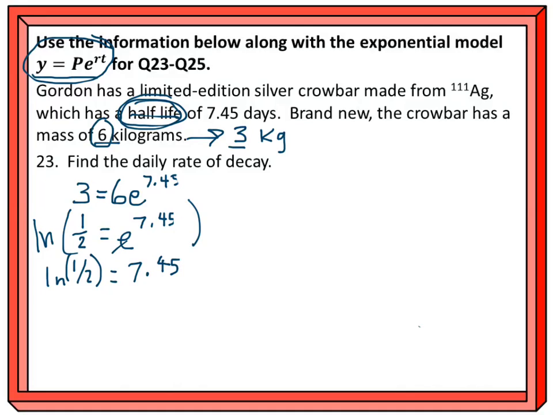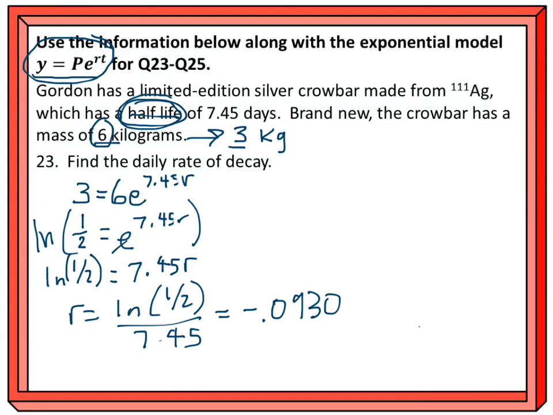Not that it makes that much difference, but we're solving for r, not for t. So to get r, we divide by 7.45. Natural log of a half divided by 7.45, and when you put it into the calculator, we get about negative 0.0930, and this is a number that you should store in the calculator.